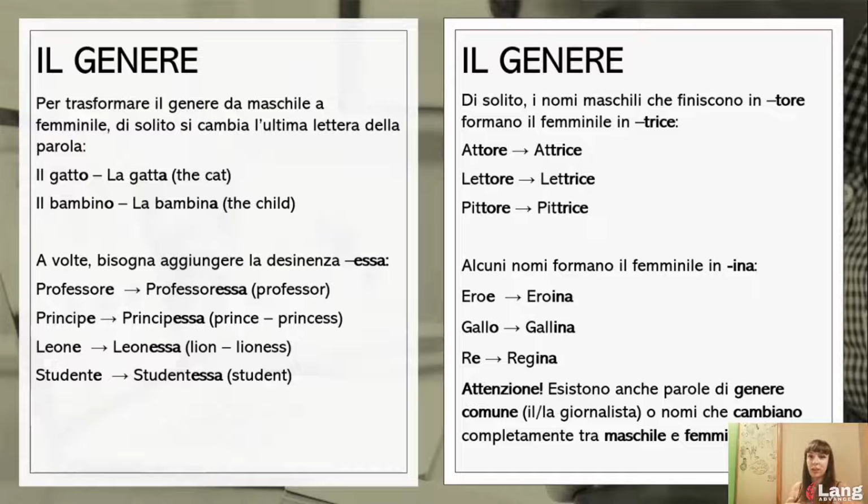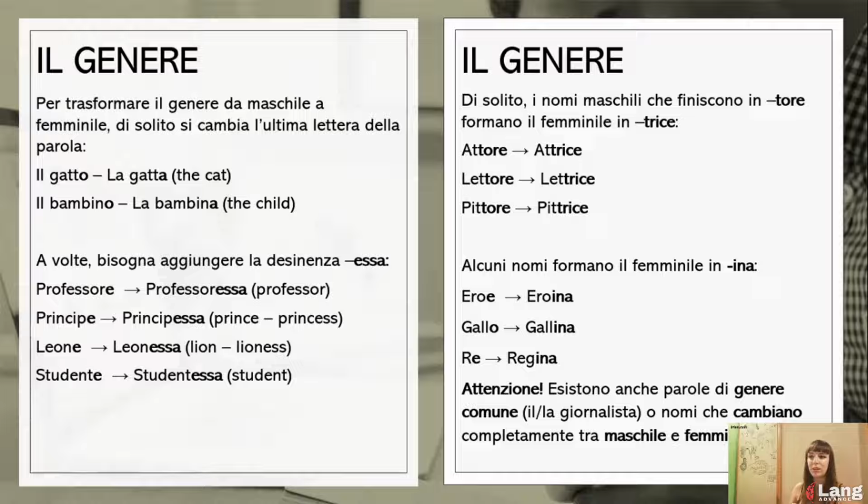They change their ending into essa. But if you check on the right side, we have other words ending with E that change into something else. Attore changes into attrice, lettore changes into lettrice, and pittore changes into pittrice. Attore means actor, actress. We have lettore, that means reader, and then we have lady reader, pittore, painter, lady painter.